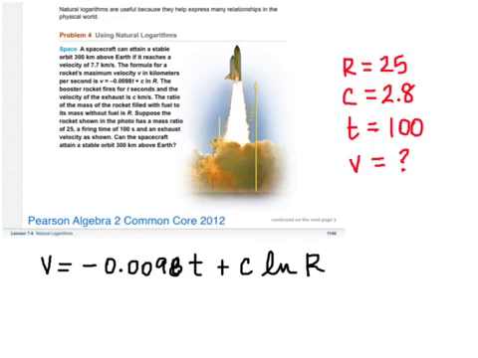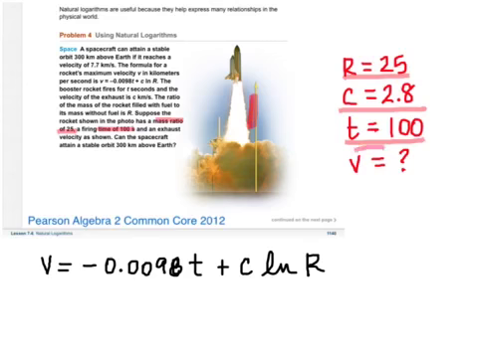So as we can see, they give us the mass ratio of 25, so I wrote that over here, the firing time of 100 seconds, I wrote over there, and an exhaust velocity as shown. It's over on the side there, and it's 2.8.